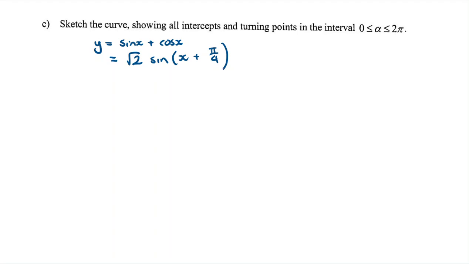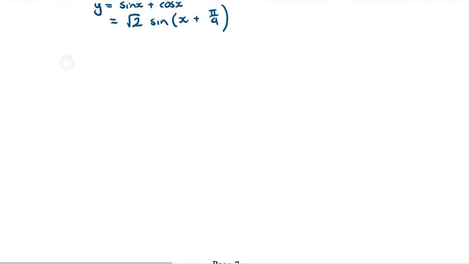What do we know about that equation? The root 2 is amplitude. What does that pi over 4 tell us? Period is shifted. Yes? Pi on 4 to the left.